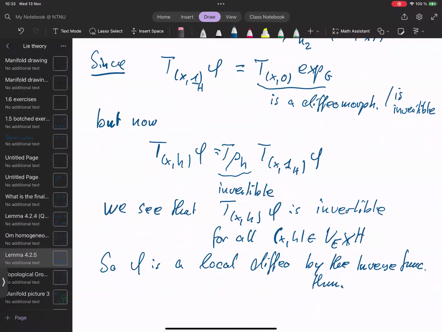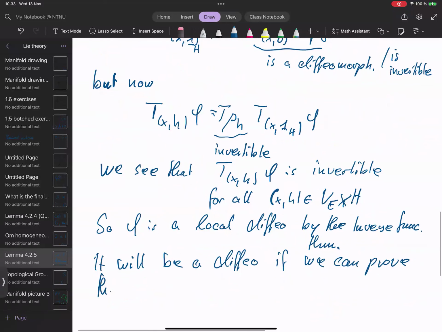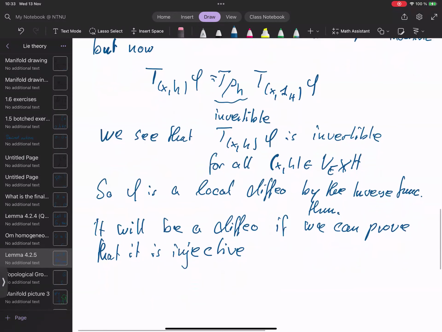And it will be a diffeomorphism if we can prove that it is injective, right? Because this is something we cannot guarantee by the inverse function theorem alone. So we need an additional argument for this.